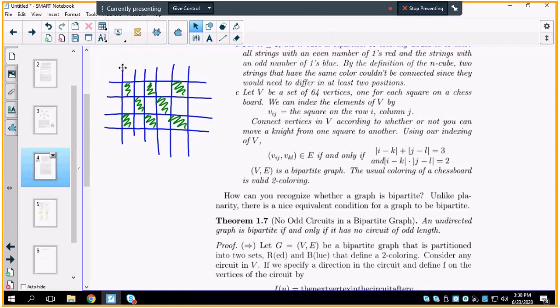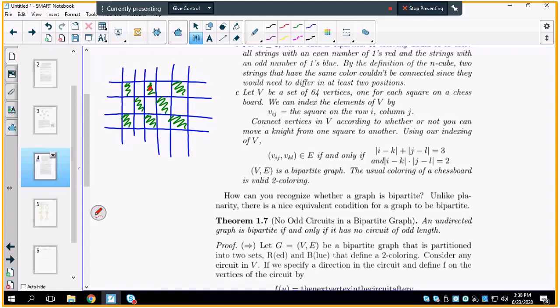Well, first of all, it's clear that the chessboard is a 2-coloring because we just need to fill in every other square with a color. But in this case, we're thinking about the knight and the way that it can move.